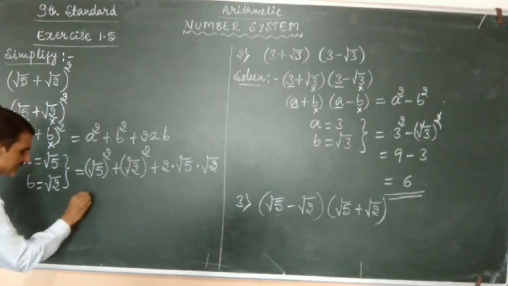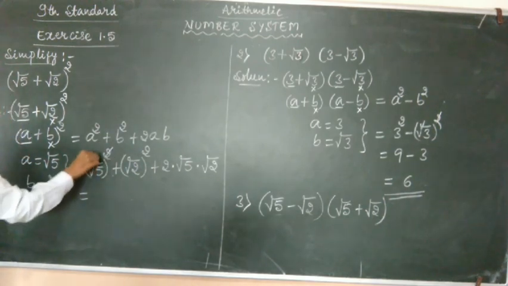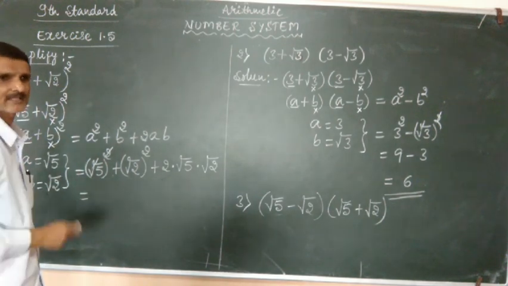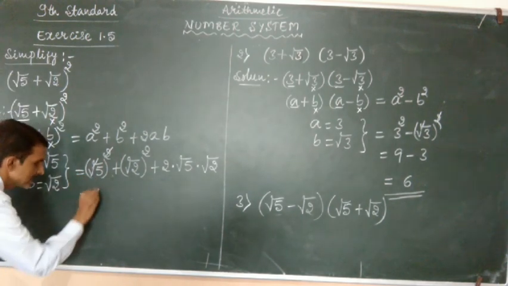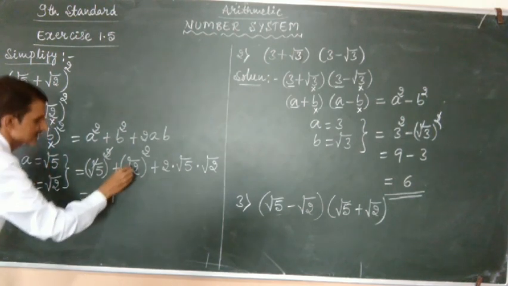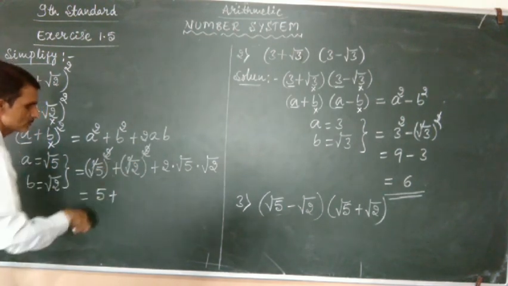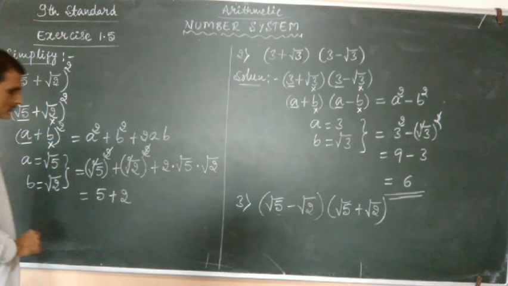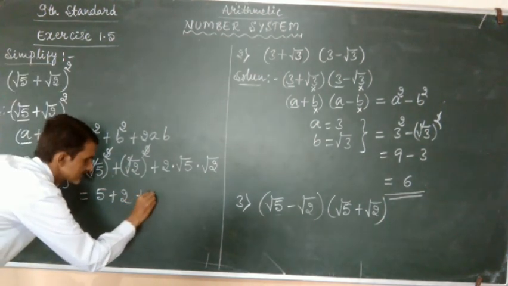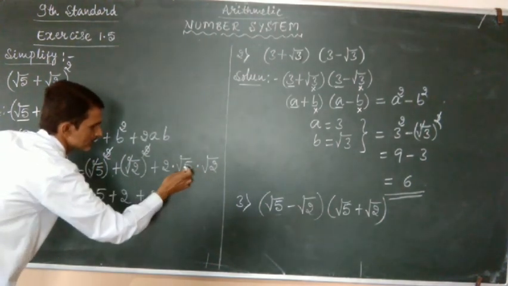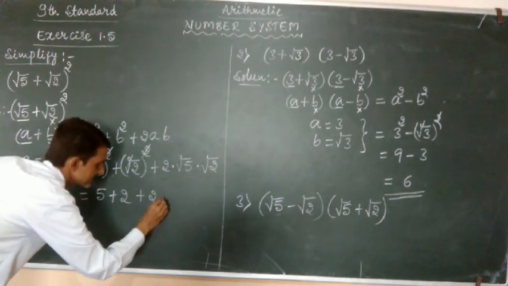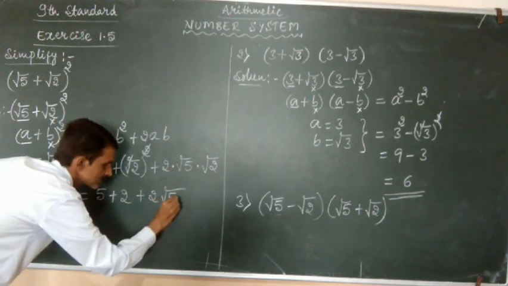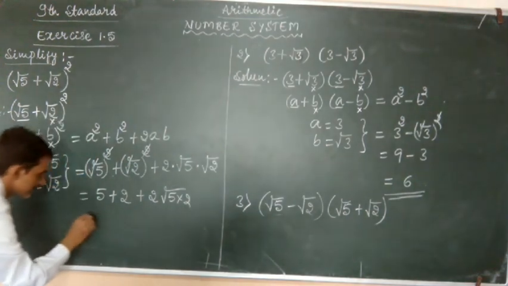So now simplify. Square and root get cancelled, which you have already studied in the 8th standard. So it will become 5 plus 2 plus 2 into root 5 into root 2, which if you write in the same root is root 10.